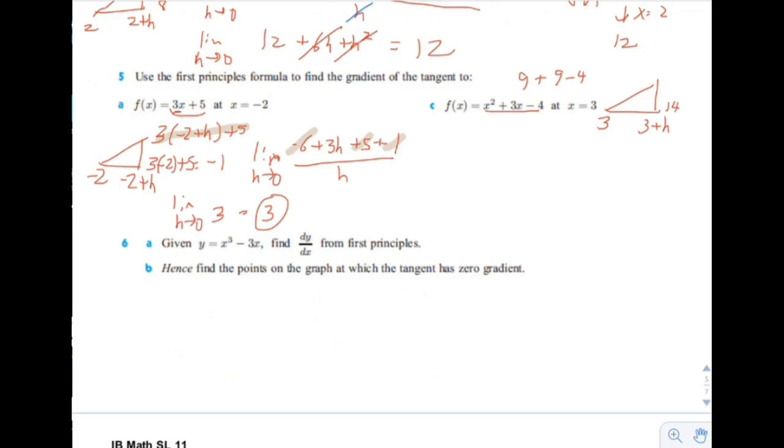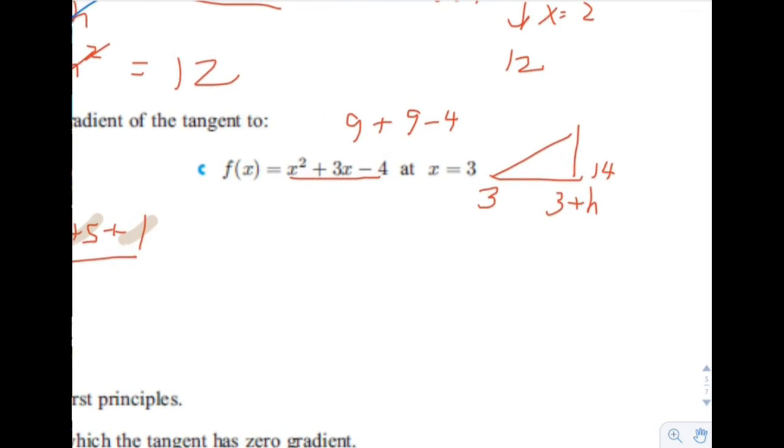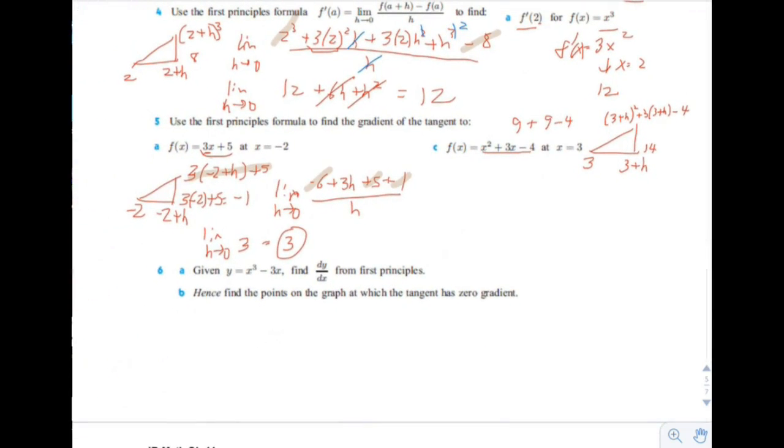And then if we put 3 plus h in there instead of x, we'll have 3 plus h squared plus 3 times 3 plus h minus 4. And then so now we'll write out the equation. Limit as h approaches 0 of, and then we'll expand this part out here.